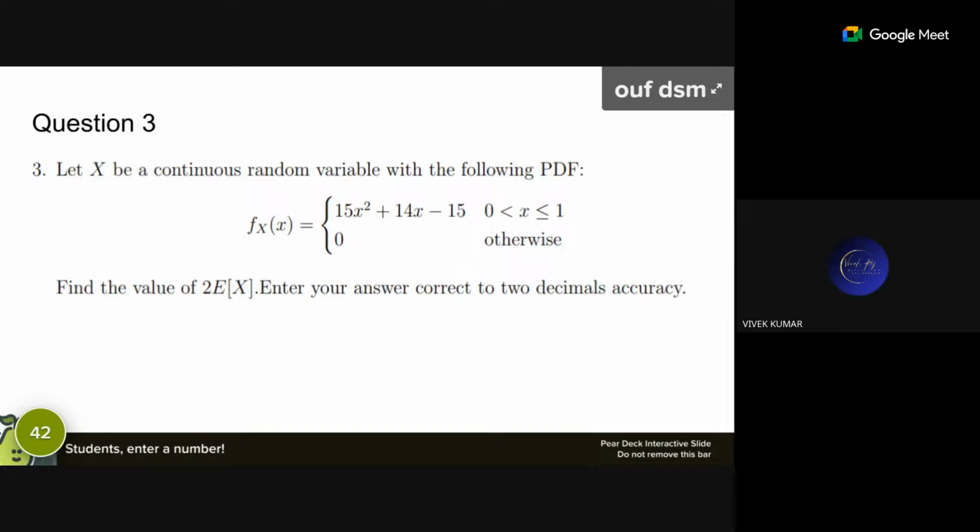I got -6, ma'am. Did you integrate this PDF from 0 to 1? Is it giving 1? No, ma'am. I think -3. Okay, I'll just check.